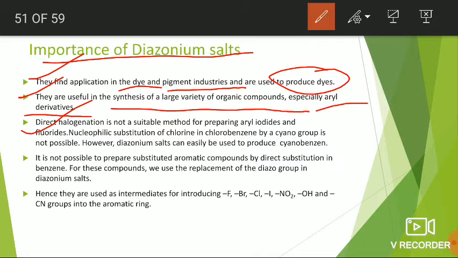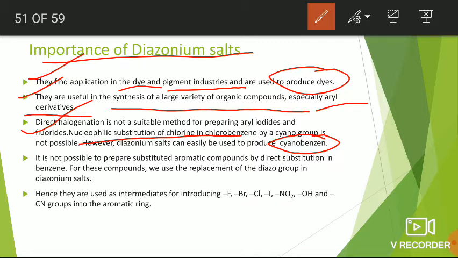It is also difficult to replace a chlorine atom or bromine atom with a cyano group in order to get cyanobenzene, but we can achieve it simply by using diazonium salts.